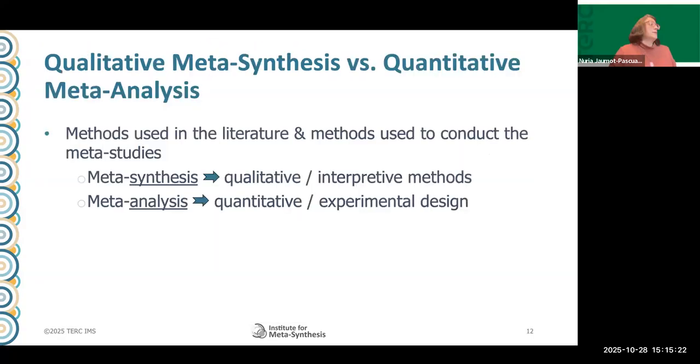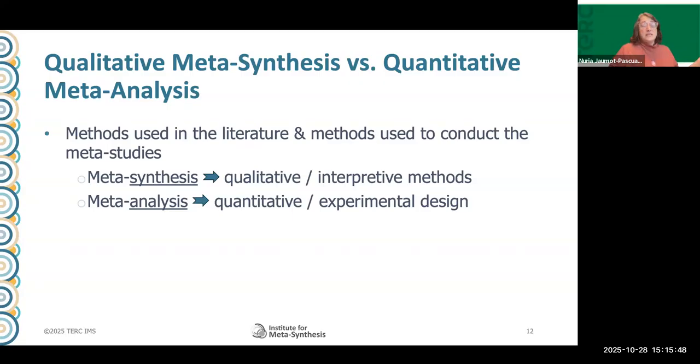The next slide here, yes. So the main distinction here, we're comparing metasynthesis and meta-analysis. The main distinction between the two is that they use different methods, both in the literature that they identify and in how the synthesis is done.